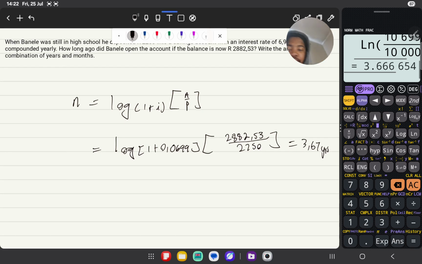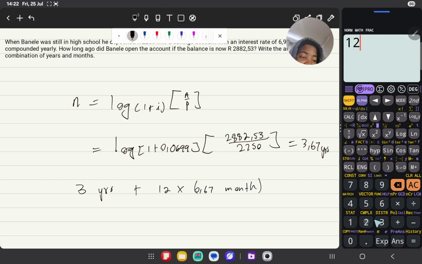So you know for sure that this is 3 full years plus, and now I'm going to say 12 multiplied by 0.67 to find how many months. If I say 12 times 0.67, I am getting 8 months. So 3 years, 8 months and a couple of days.